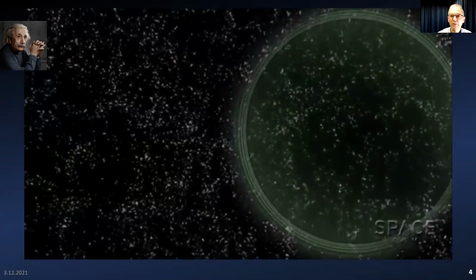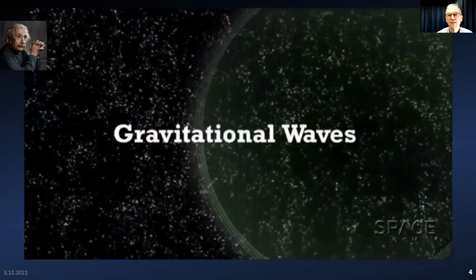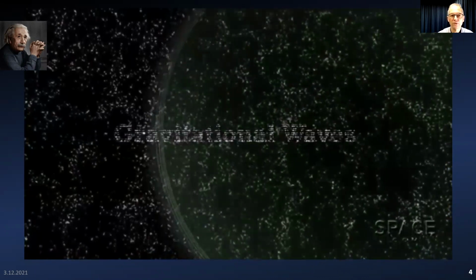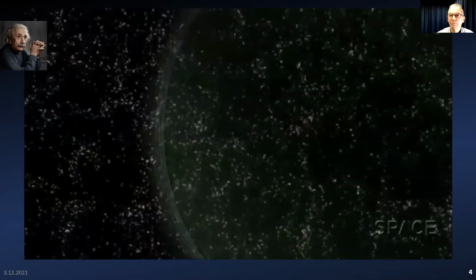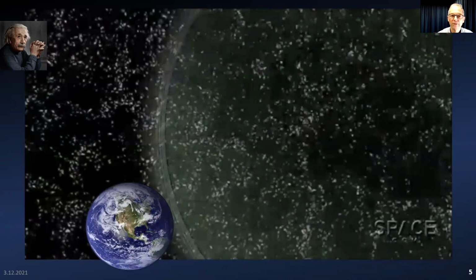It can travel for millions, even hundreds of millions of years undisturbed through the universe. And at some point, it might reach Earth. And if it reaches Earth, it will shorten and lengthen the Earth. The Earth will start to wobble. And that's the effect of the gravitational wave that we can detect with the Einstein Telescope.